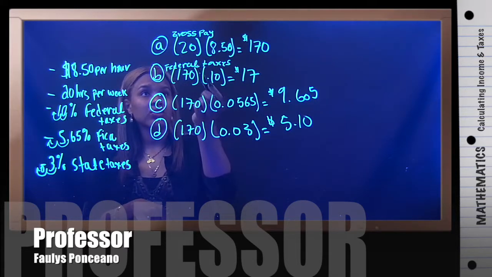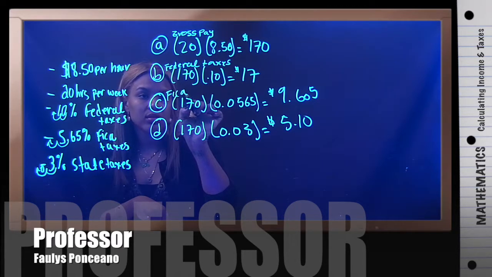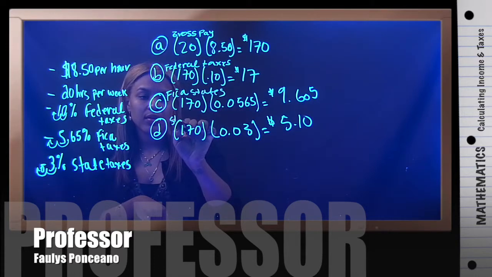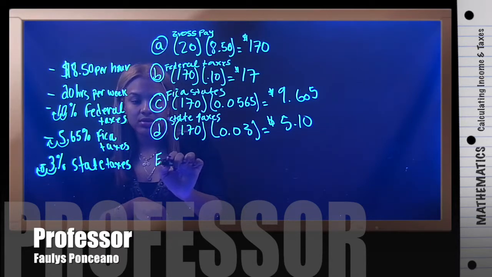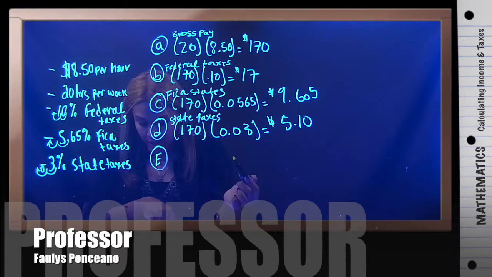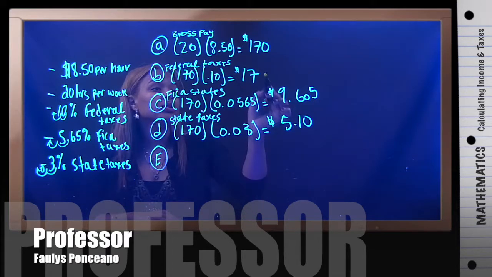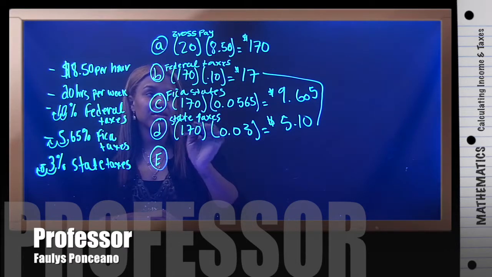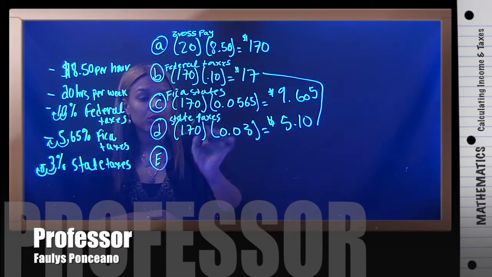So far we have found gross pay, federal taxes, FICA taxes, and state taxes. Okay, let's see what question E says. What is your weekly net pay? So for this one, they're going to withhold these 3 amounts: the federal, the FICA, and the state. So you need to add those 3 amounts and then subtract that from your gross pay.